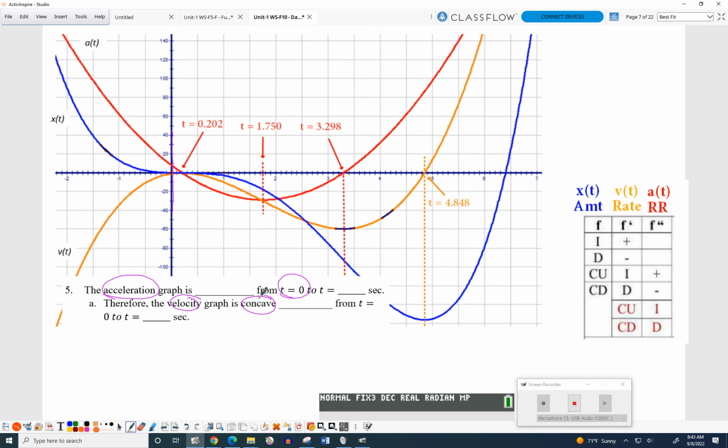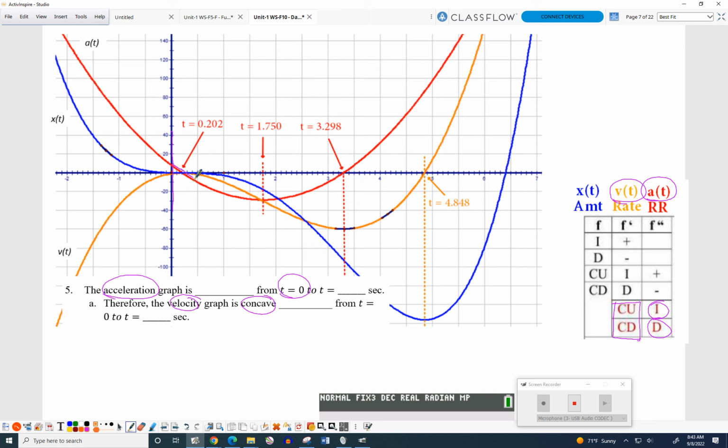So if I'm looking at the concavity of the velocity, that will correspond to the increase or decrease of the acceleration. So, acceleration graph from time 0 to some time. Follow acceleration. Right here, Aspen, is acceleration increasing or decreasing? Decreasing.